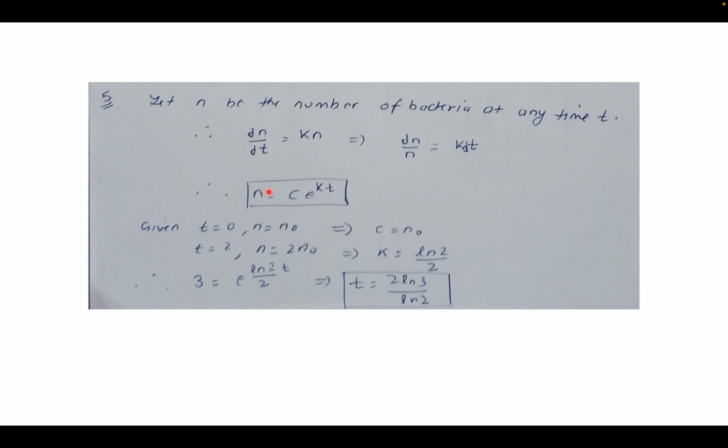If I put t equal to 2 and N equal to 2 times N naught with C equal to N naught, I get k equal to ln 2 by 2. So now you have the expression of N in terms of t, and you have found the values of both constants in this equation.